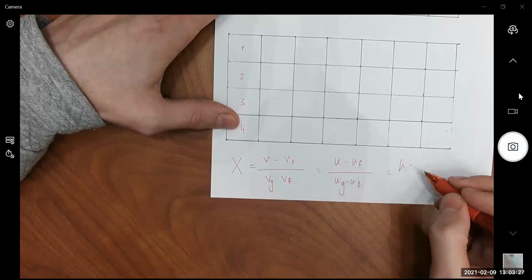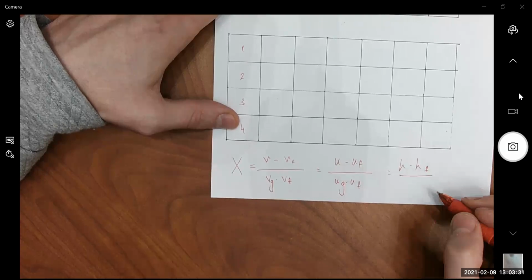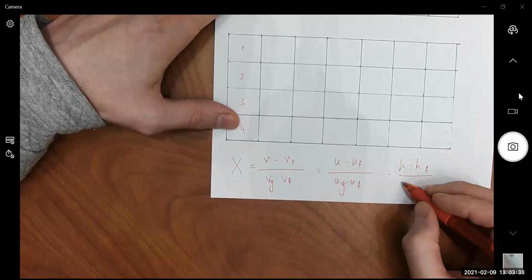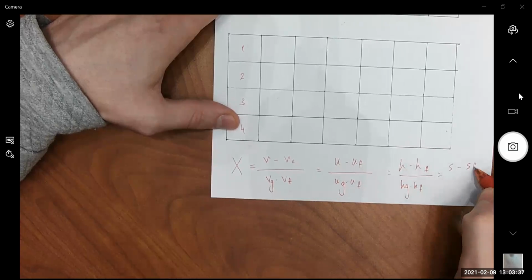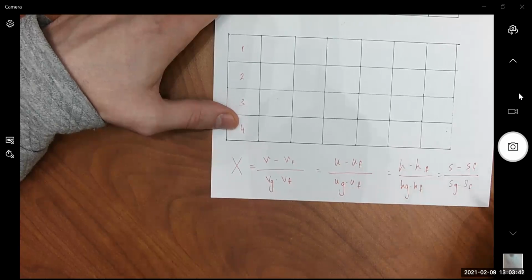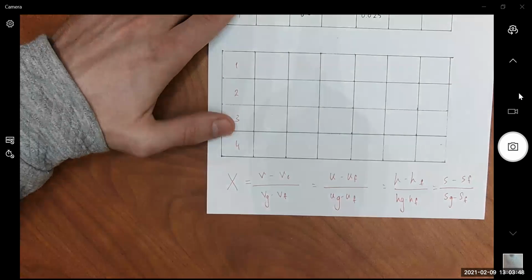If you know enthalpy, right? H minus Hf divided by Hg minus Hf. If you know entropy, S minus Sf over Sg minus Sf. Right? So if you do this, what is my quality factor? Could you tell me?